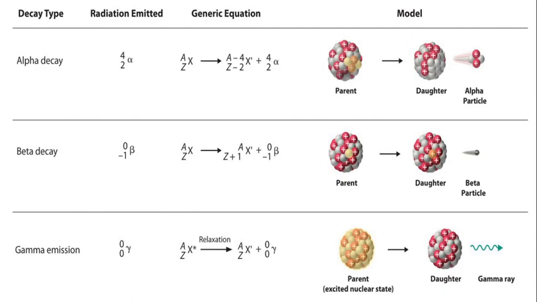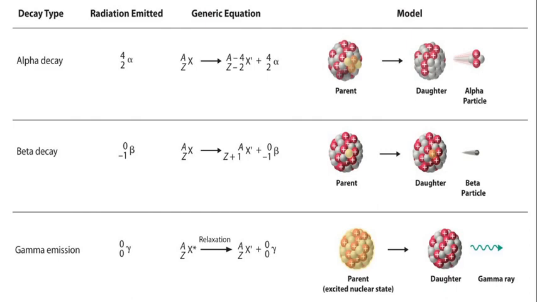So here is what we had studied, that is alpha decay, in which X A Z is converted to X dash Z minus 2, A minus 4 by emitting an alpha particle. And by emitting a beta particle, that means the neutron is converted into a proton, electron and an antineutrino, so that the atomic number increases by 1 and mass number remains the same.